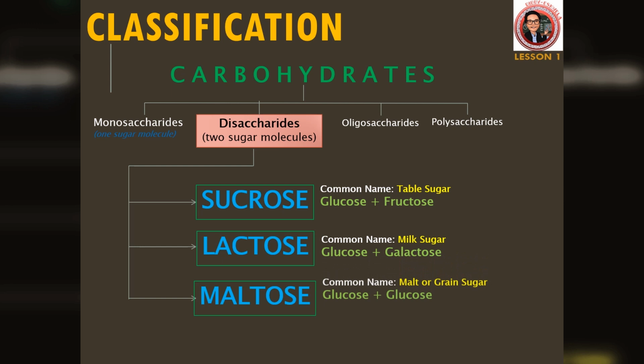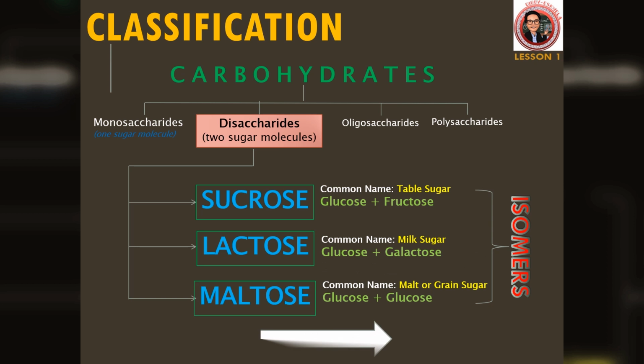While maltose has a common name of malt or grain sugar, in which there are two glucose molecules combined. And just like the monosaccharides, the three types of disaccharides, which are sucrose, lactose, and maltose, are also considered isomers. And they all have the molecular formula of C12H22O11.